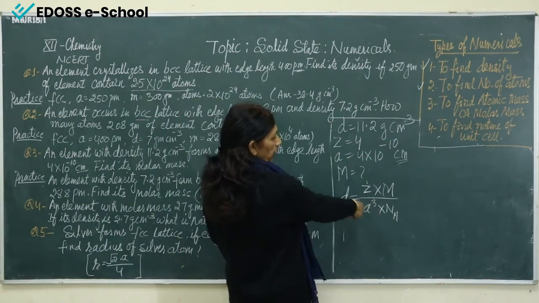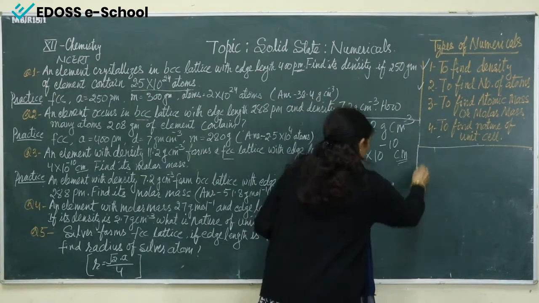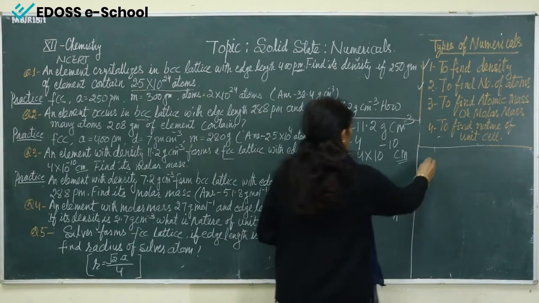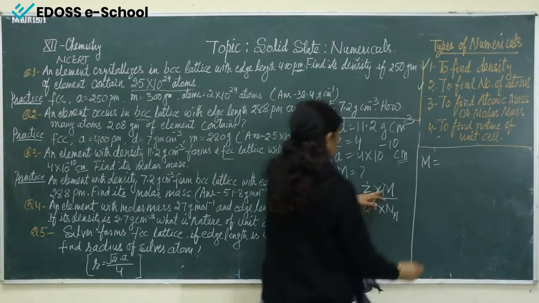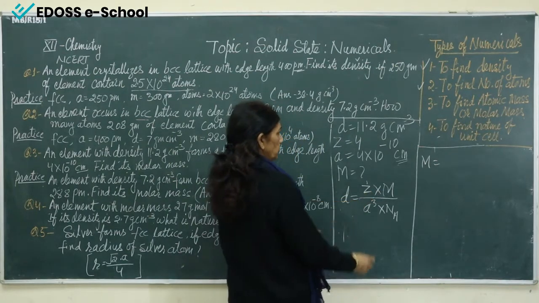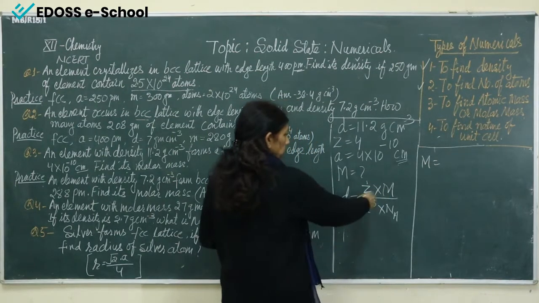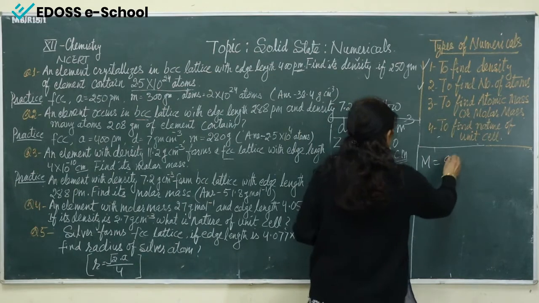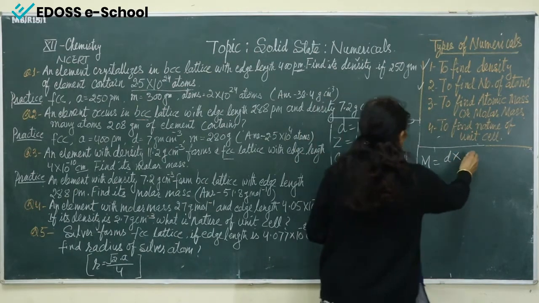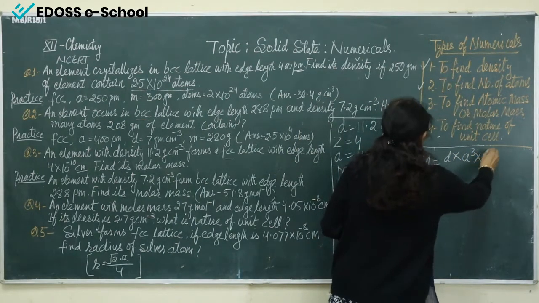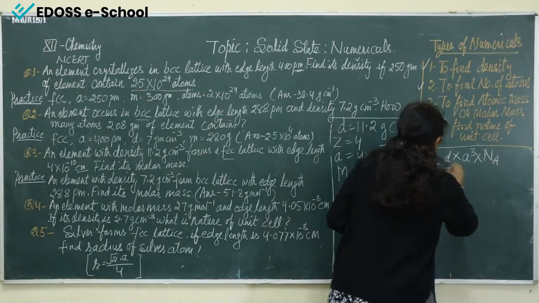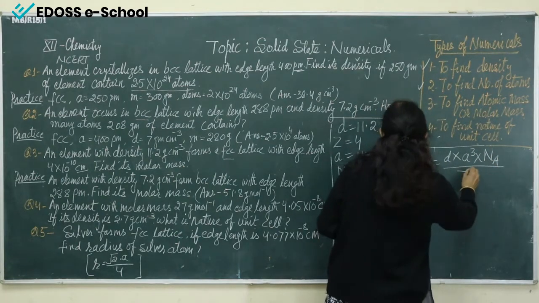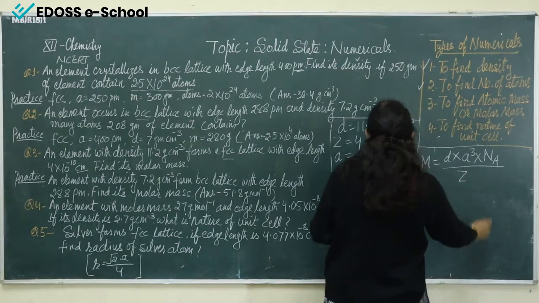By cross multiplying, we have to find molar mass, so capital M is equal to density D multiplied by A cube into Na upon Z.